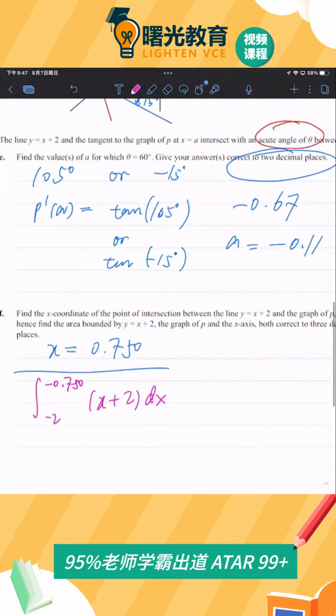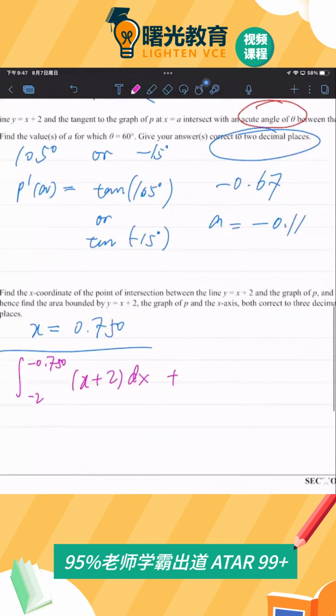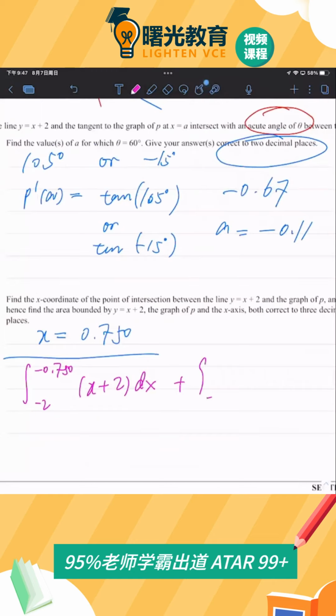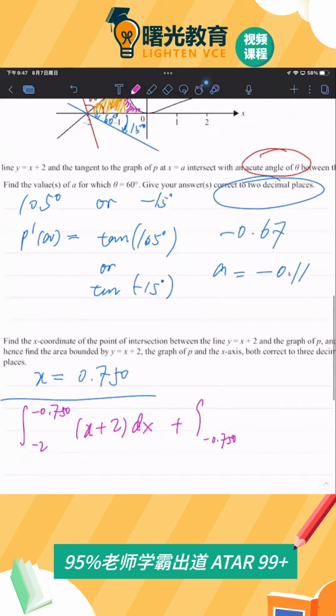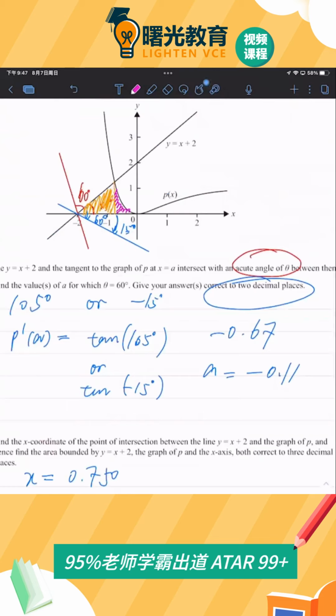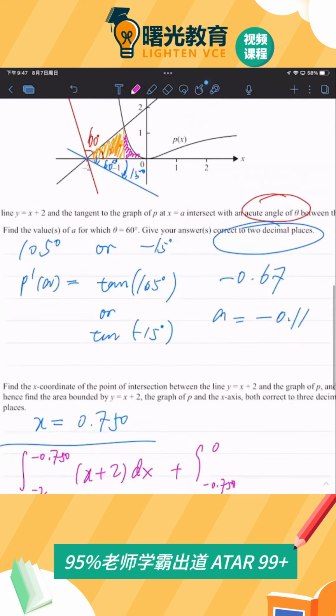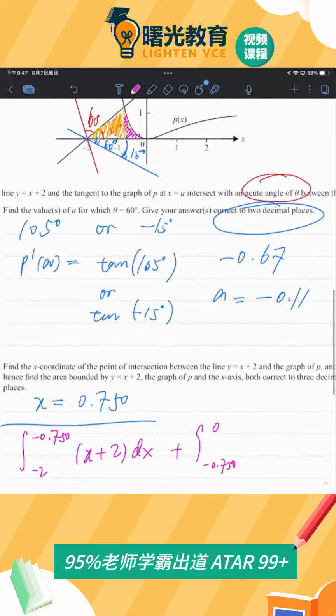And another one, we're going to start from the x-intercept coordinate, negative 0.750, until where we meet the x-axis, which is 0. So our upper bound is 0. And then you put the p(x) with respect to x. Input your CAS and give the answer directly. And also 3 decimal places.